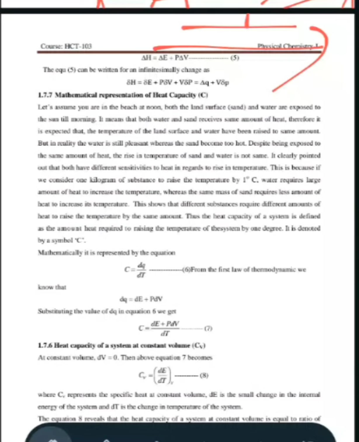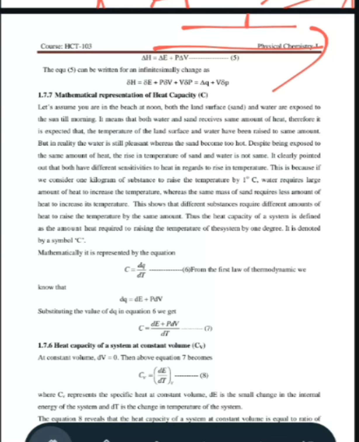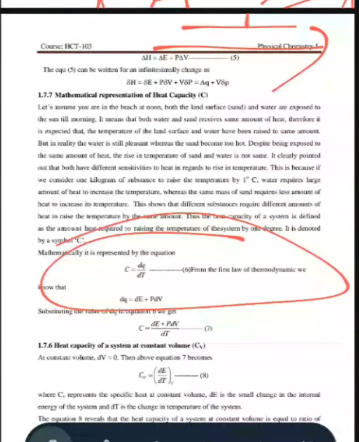It is denoted by C, the heat capacity of the system. It can be represented by the equation C is equal to dq by dT, from the first law of thermodynamics, where dq is equal to dE plus PdV.